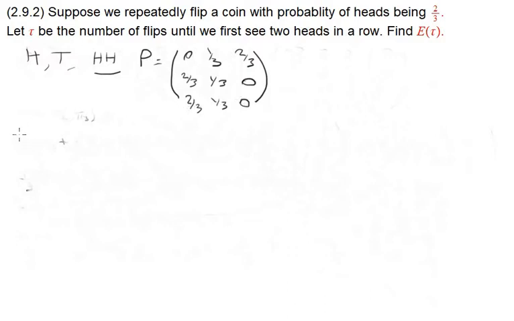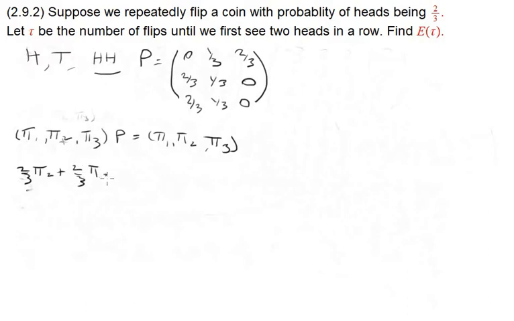So instead of trying to find the expected value of time and all that, you could look for the stationary state. Consider the stationary state pi1, pi2, pi3 times the probability matrix, and we have pi1, pi2, pi3. When you multiply it out, I get 2/3 pi2 plus 2/3 pi3 equals pi1.